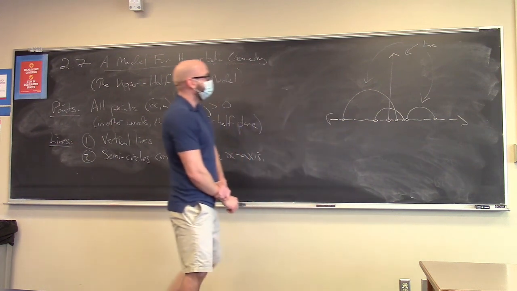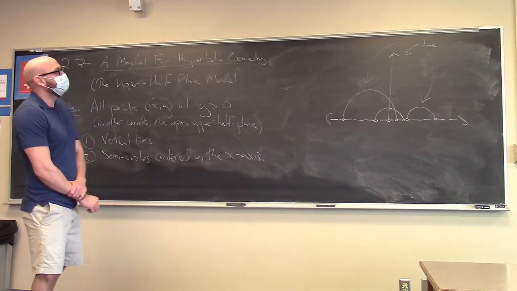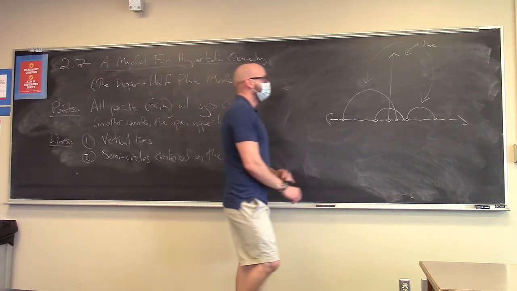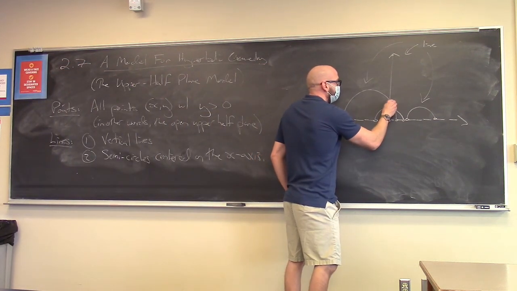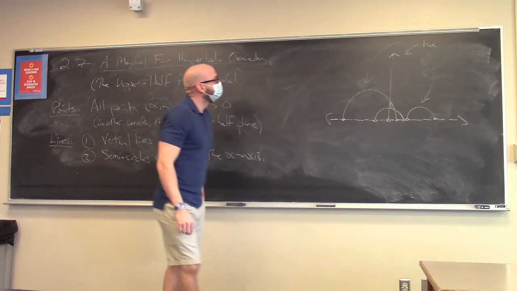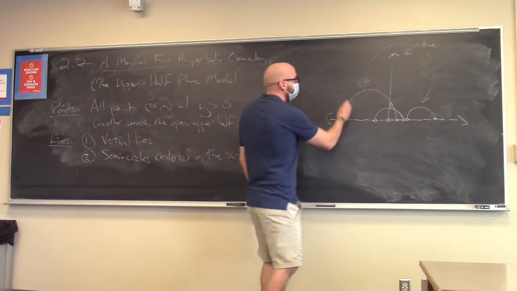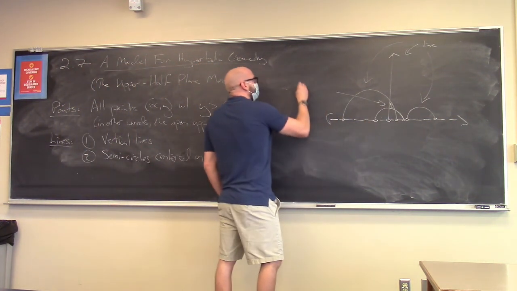And here already in this picture, you can see a couple of things going on. I don't want to write this, but for example, what I've sketched here, how many sides does that shape have? 3, right? So this guy, that's a hyperbolic triangle.